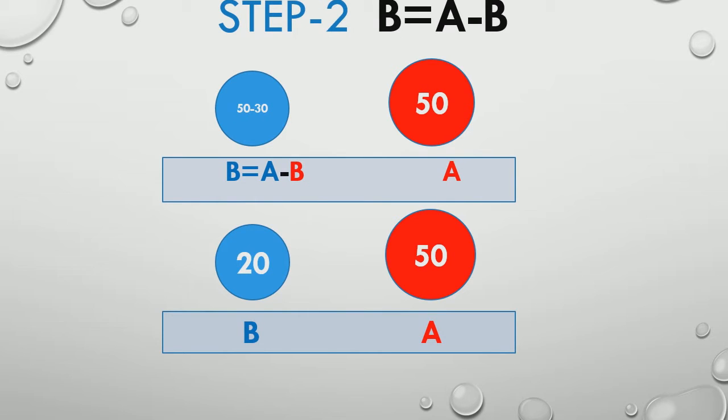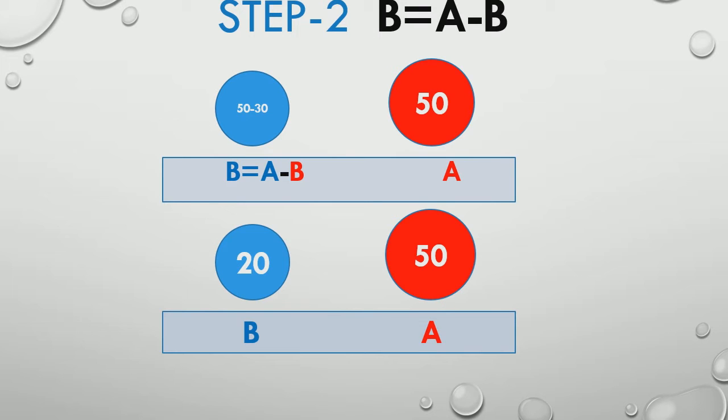Now coming to the second step, which is b is equal to a minus b. In the last step a was 50 and b was 30, so in this step b will be a minus b, means 50 minus 30 will be 20, so b will become 20 and a will be unchanged in this step.